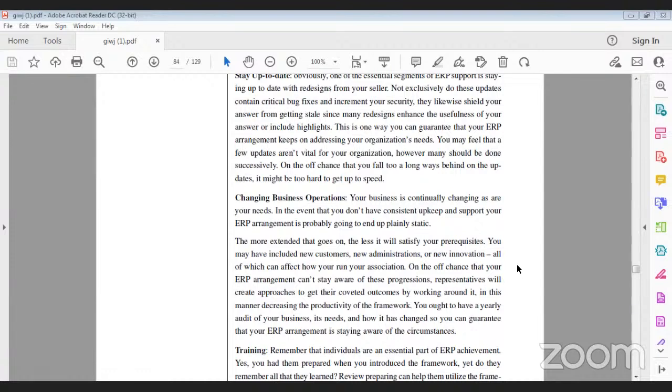You may have added new customers, new services, or new technologies, all of which can affect how you run your organization.